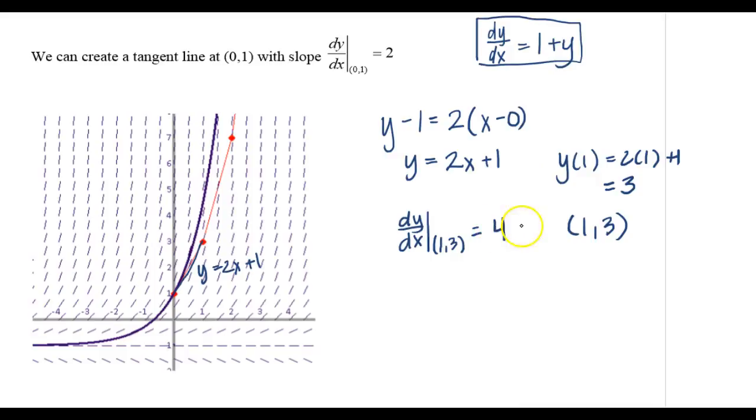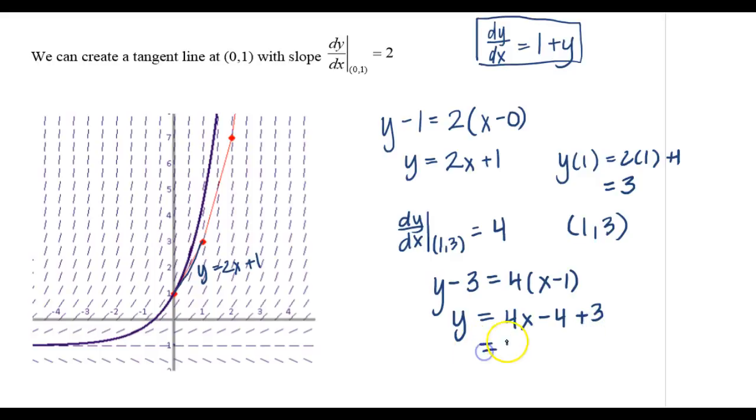So if I wanted to write the equation of this new tangent line, I'm going to have y minus 3 equals 4 times the quantity x minus 1. So here I have 4x minus 4, and then I'll add the 3 to the other side. So I have 4x minus 1.